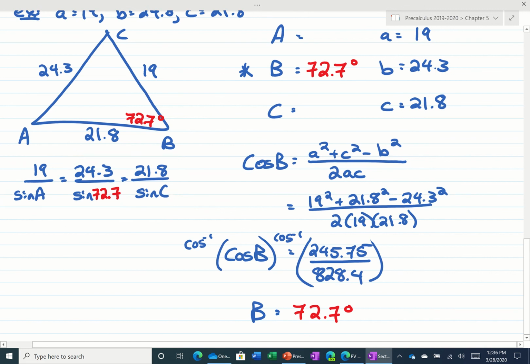So I'm going to cross multiply and divide. If I do 19 times the sine of 72.7 and then divide by 24.3, that comes out to 0.7465. If we take the inverse sine of both sides, A is 48.3 degrees.